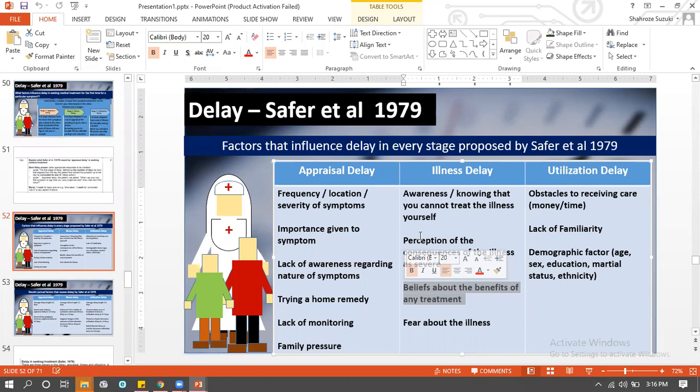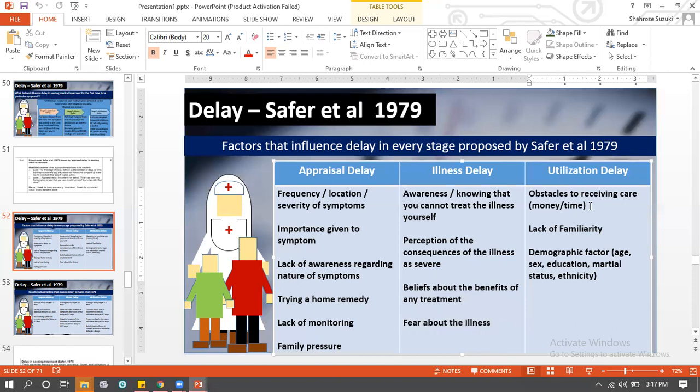If they give me treatment, they're just prolonging my death. So even though the end result is going to be death, there's no use going to a doctor. So beliefs about the treatment are going to be important. Fear about the illness: if you feel the illness is not going to kill you, and you're not scared, you won't go to a doctor.